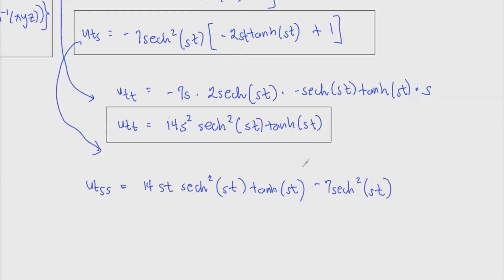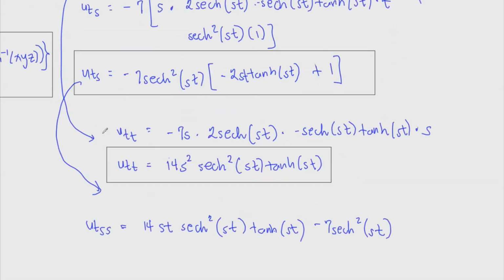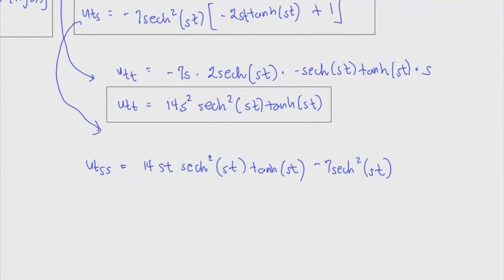Okay. So with this, I can now differentiate this further. Actually, this should be u sub ts only because I'm not yet differentiating. Okay. And now it can be u sub tss that is equal to, now for this one, because we have something like st sech squared st tanh st, so this is something like three expressions multiplied together.